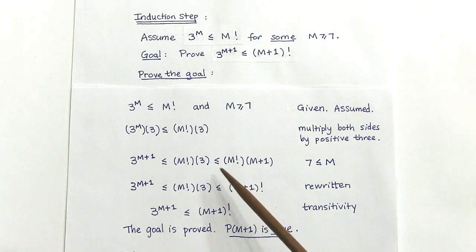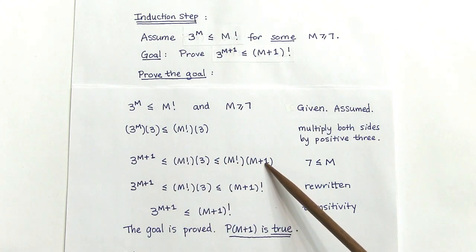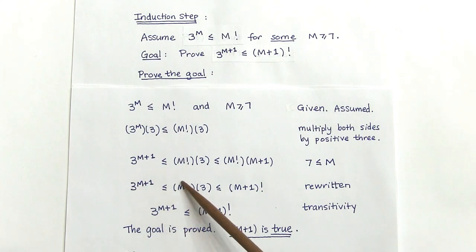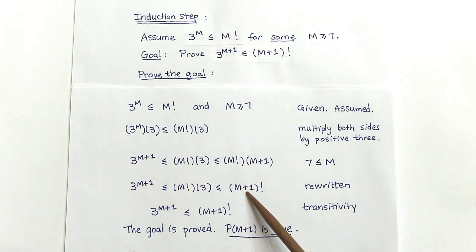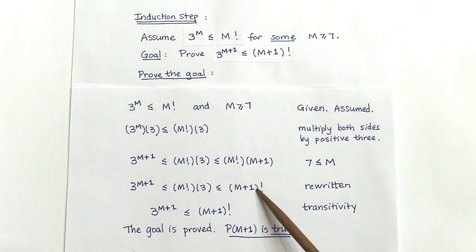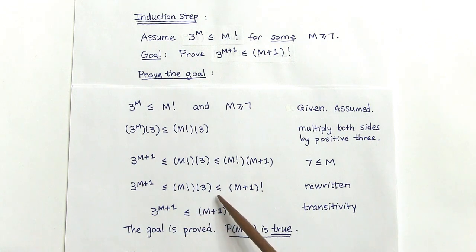So this is just rewriting this line, and then by transitivity, because this is less than that, and this is less than that, it follows that this is less than that, which is our goal, that 3 to the m plus 1 is less than or equal to the factorial of the quantity m plus 1, and so the goal is proved.